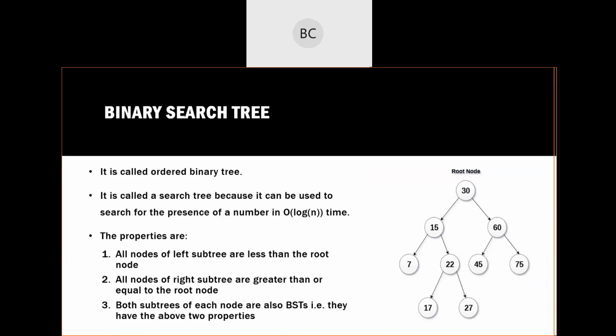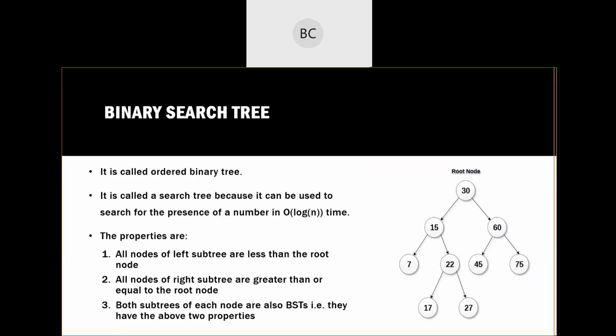What happens? It's also known as ordered binary tree. Why? Because it follows a certain rule. There are three main rules. There will be a root node.